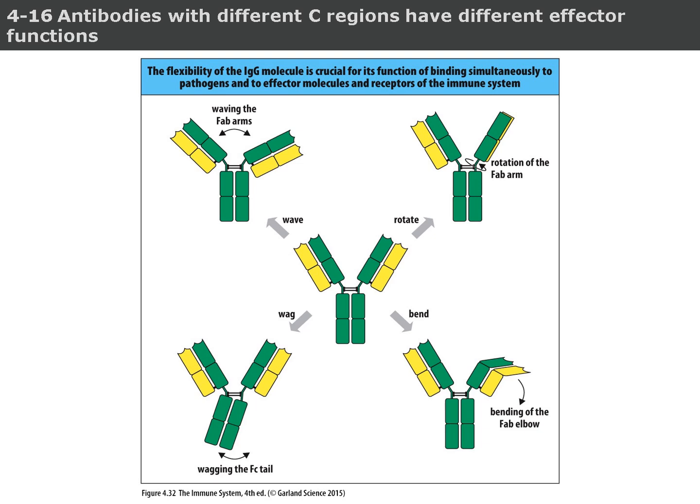The arms can wave and rotate, the tail can wag, and the elbows can bend, adjusting the position of each arm. This structural flexibility enables immunoglobulin G to bind antigens that are spaced variably on the surface of a pathogen while also engaging with receptor proteins on immune cells. Such dynamic movement enhances immune complex formation and promotes effective clearance of pathogens.